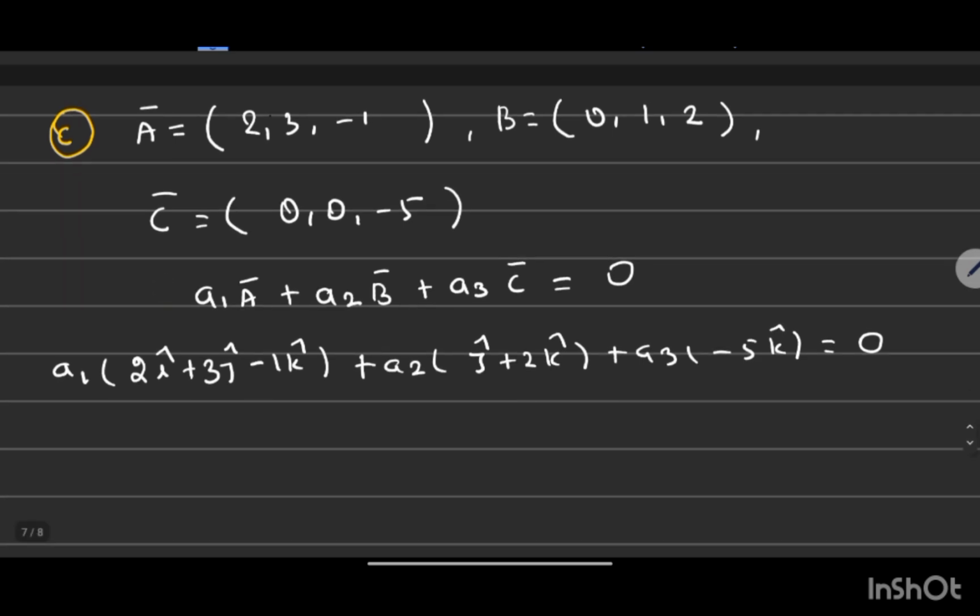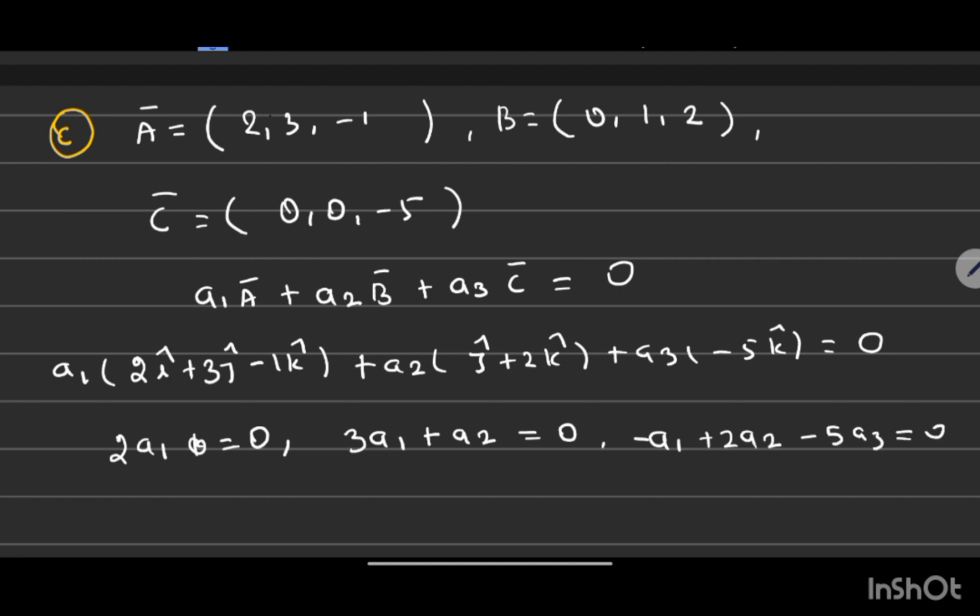So you get 2a1 is equal to 0, and 3a1 plus a2 is equal to 0, and then minus a1 plus 2a2 minus 5a3 is equal to 0.